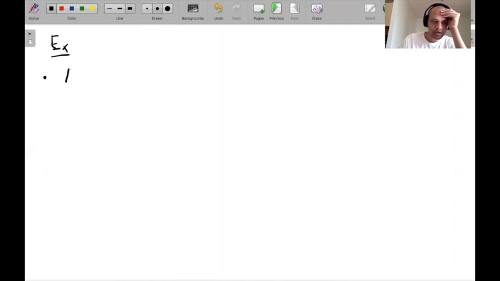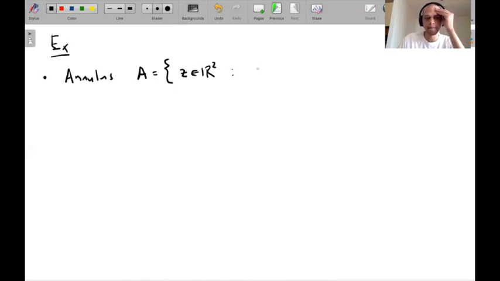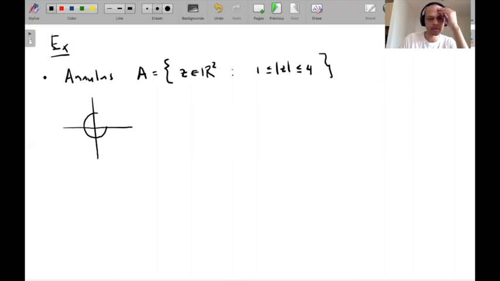So the annulus. Let's take this particular annulus A of Z in R^2 with the norm of Z bounded between 1 and 2. So this looks like this.